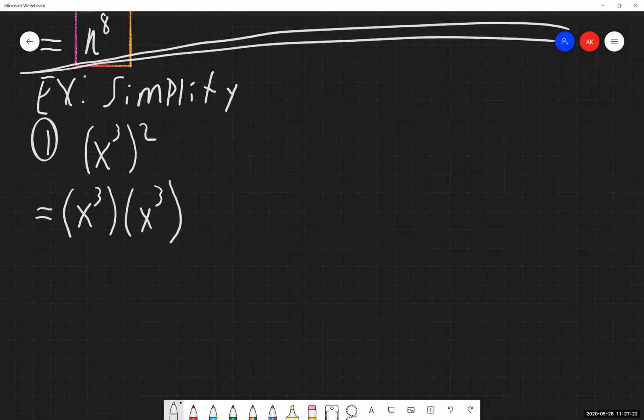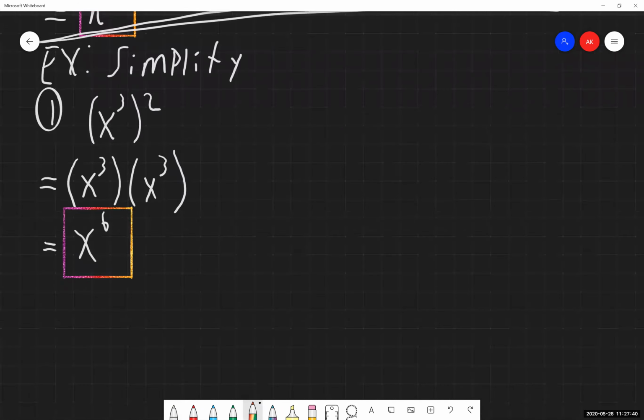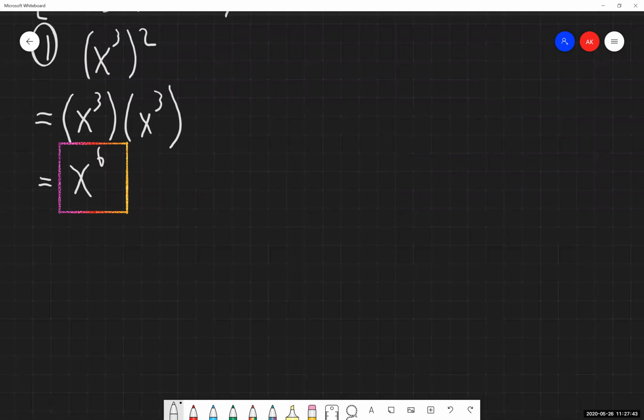And now I have x to the third times x to the third. That's exactly like what we were just doing in the examples above. The bases are the same. They are multiplying, which means the exponents are going to add together. We get x to the sixth. So this is using our expanding and simplifying method, if you want to call it that.